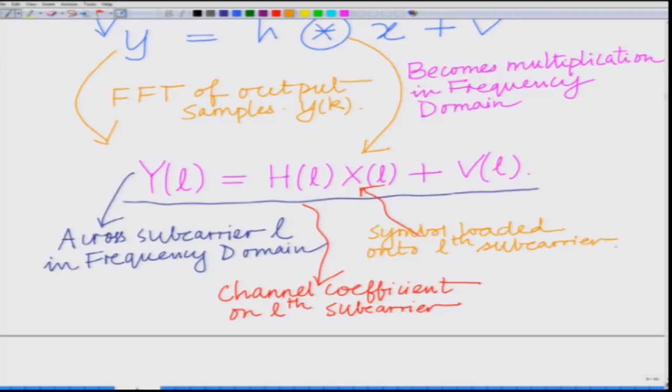Now, specifically for channel estimation, remember we are interested in the pilot symbols or the pilot subcarriers.